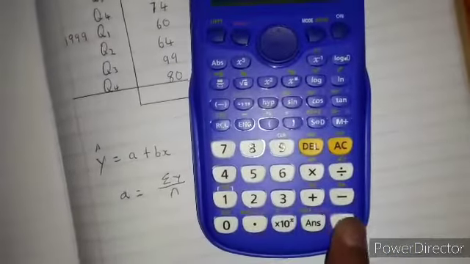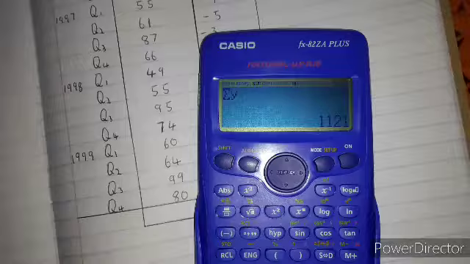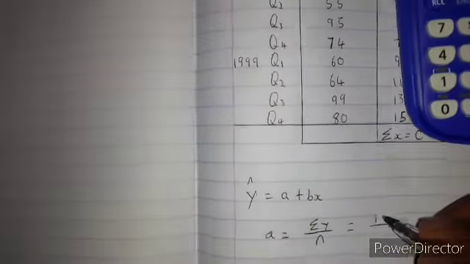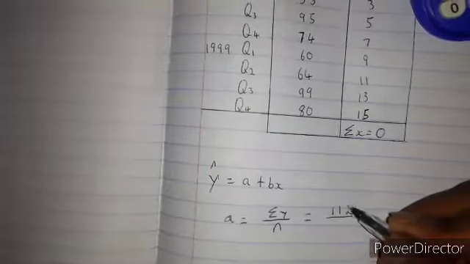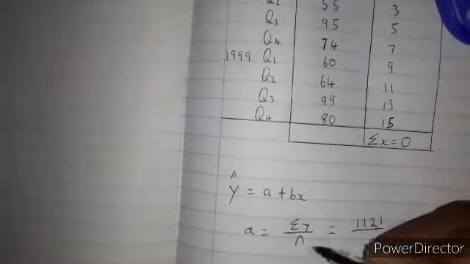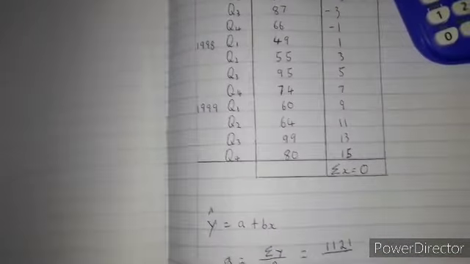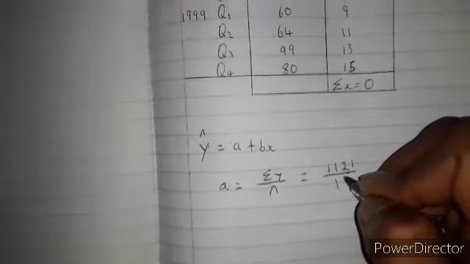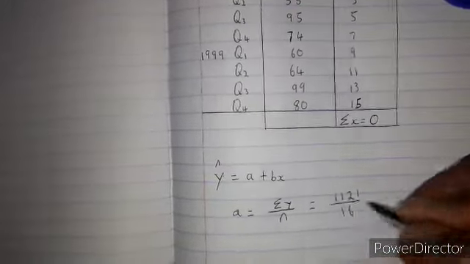Then press 4 and equal. It's 1121. Divide by n, which is the number of periods. They are 16. So 1121 divided by 16.